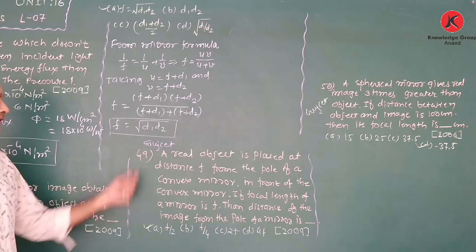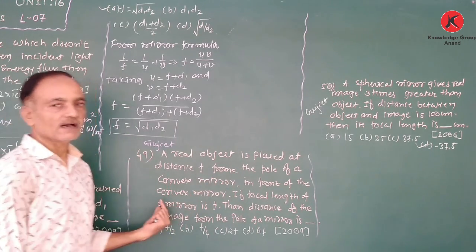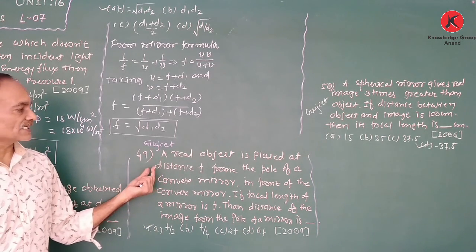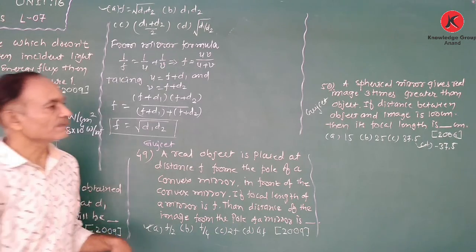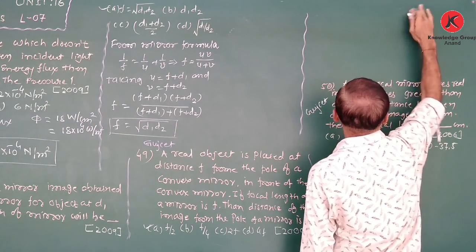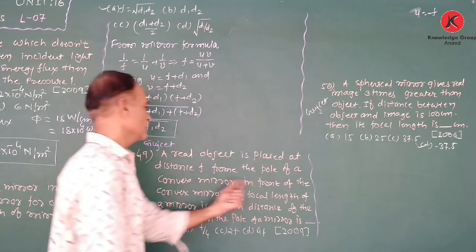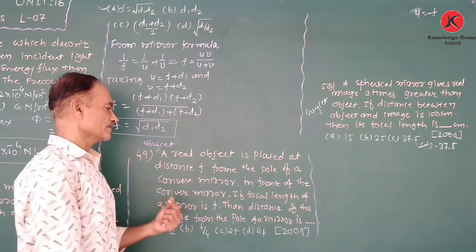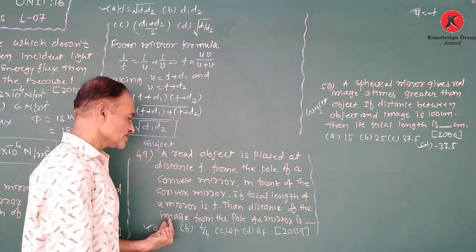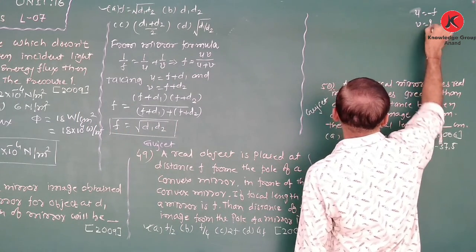Now this is a numerical asked in an exam. A real object is placed at distance f, that means the object distance is given as f, u is equal to minus f, in front of the convex mirror. We have to find out v.